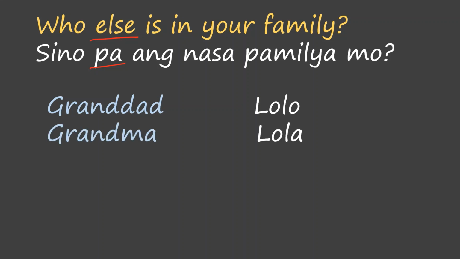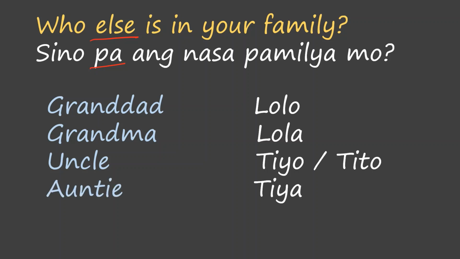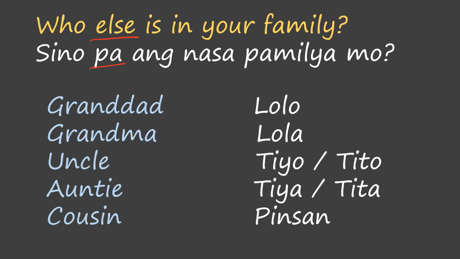Grandma is lola. Uncle is tío or tito. Auntie is tía or tita. And if you have a cousin, your cousin is pinsan. So these are the other members of your family.